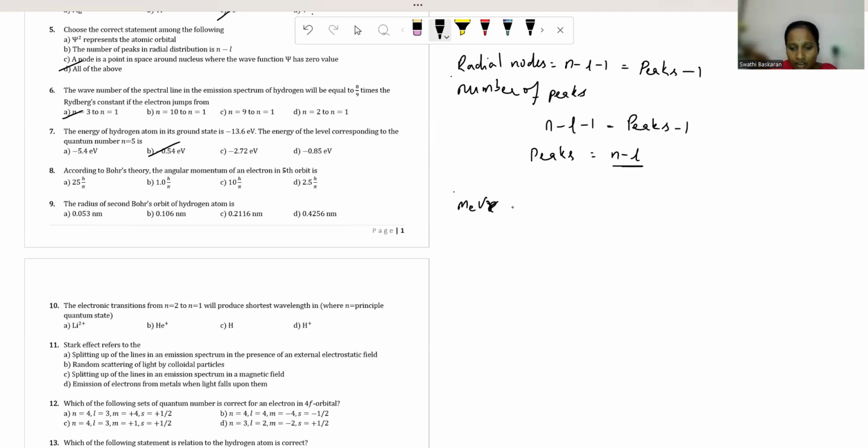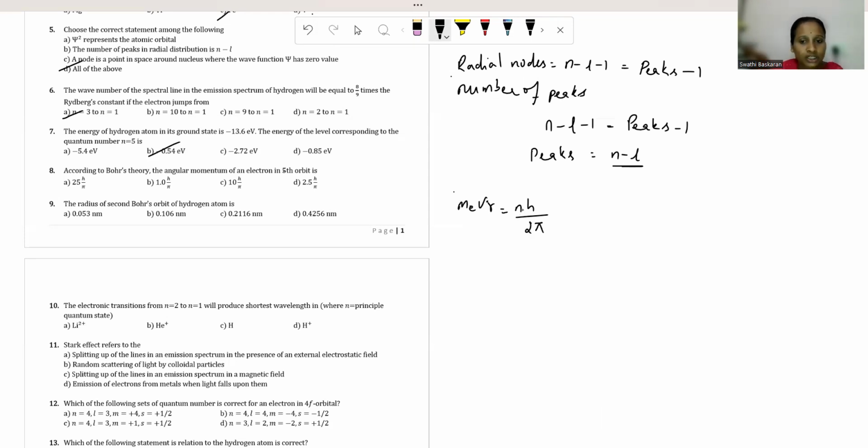So small r, m_e v r. Okay, let me erase and write. m_e v r is equal to nh by 2 pi.